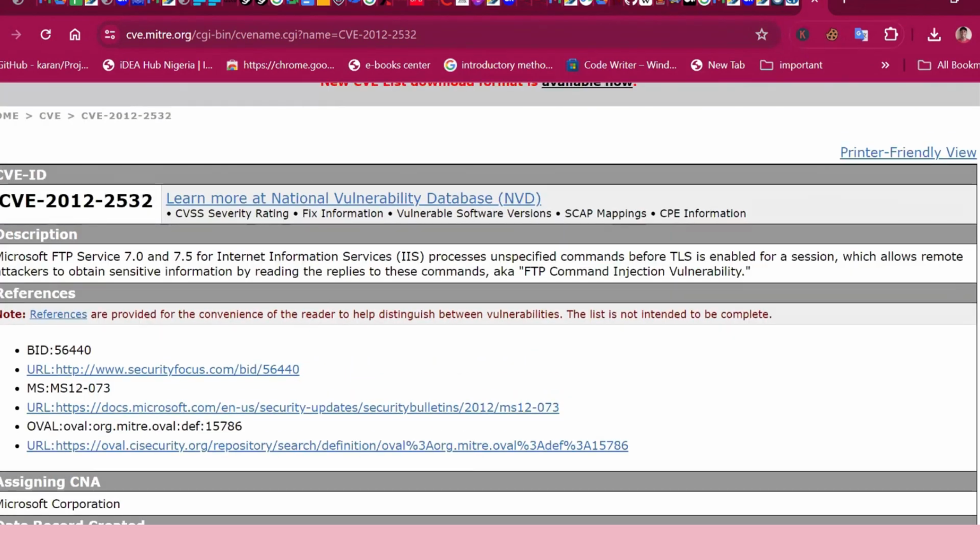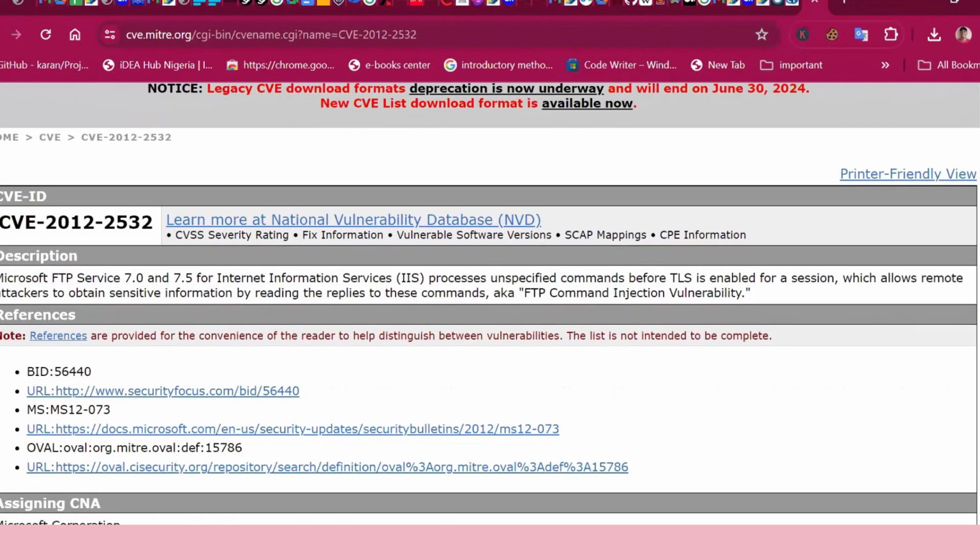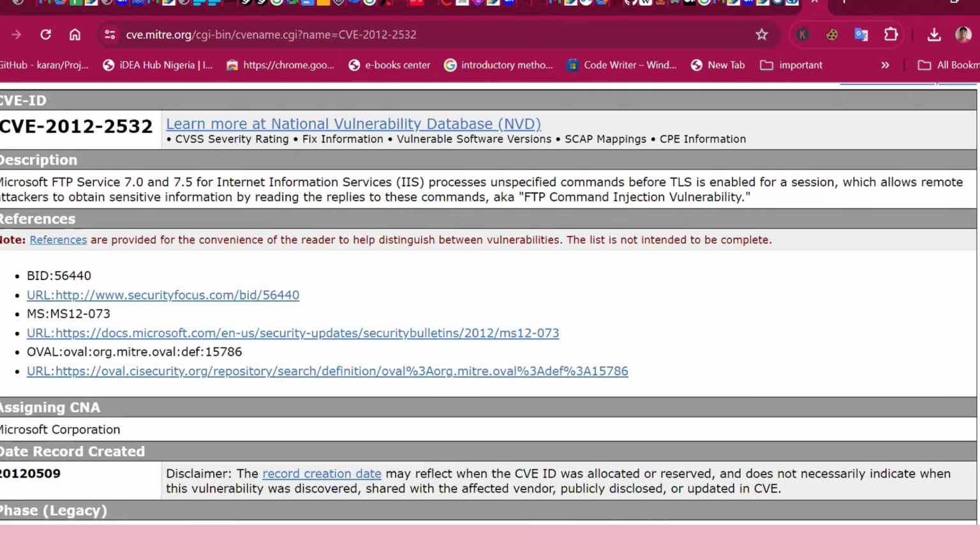Again, the thing about some of these vulnerabilities is that sometimes it could be technical to understand what the vulnerability is talking about in the first place, because it could be a whole lot if you're not one of the people that develop these platforms. But on your end, you know what FTP is, so you might have an idea of the vulnerability they're talking about.